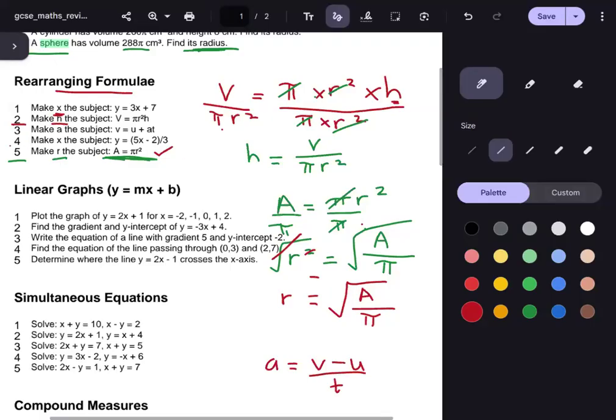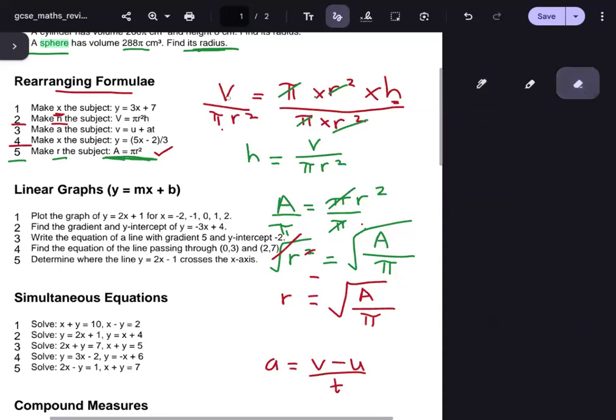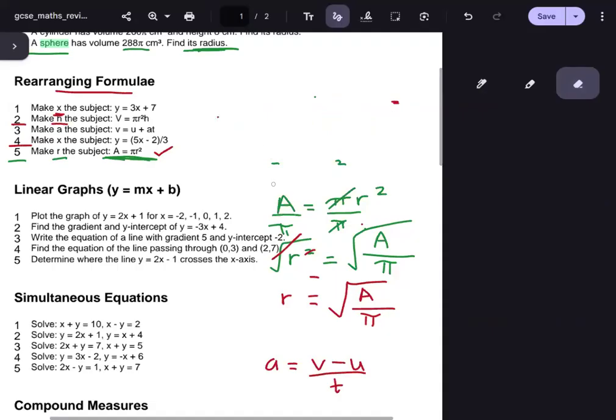Okay. Now let's go to number 4, which is one that is a bit different. I'm going to help you out with this one. Let me just erase all of this.